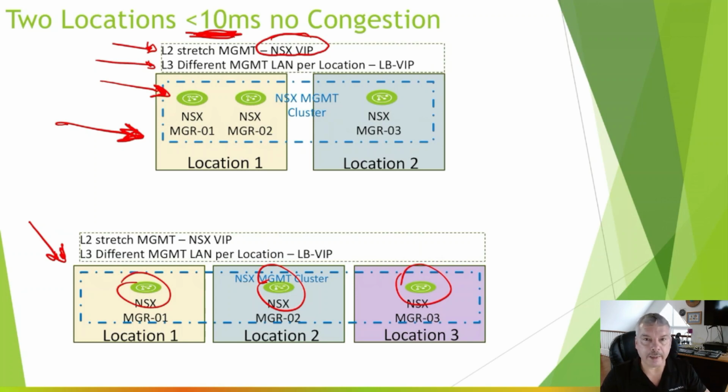So again, that's the native IP that you could use inside the NSX manager to access the management cluster. Or you could put each manager on a different layer 2 network. And I talked about this in our manager video. So each manager can be on its own subnet. And at that point, you need some kind of external load balancer to manage it, okay? So you have both those options, whether it's 2 sites or whatever the case may be.